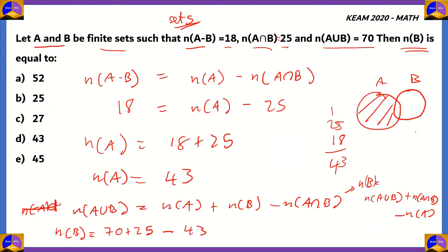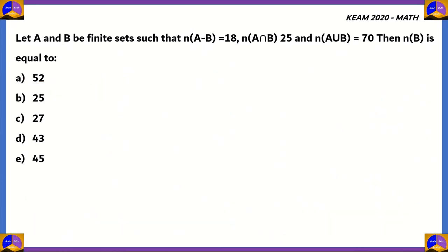So 70 plus 25 gives you 95. 95 minus 43: 5 minus 3 is 2, 9 minus 4 is 5. So therefore, 52 is the correct answer. That means option A is the correct option for this question.